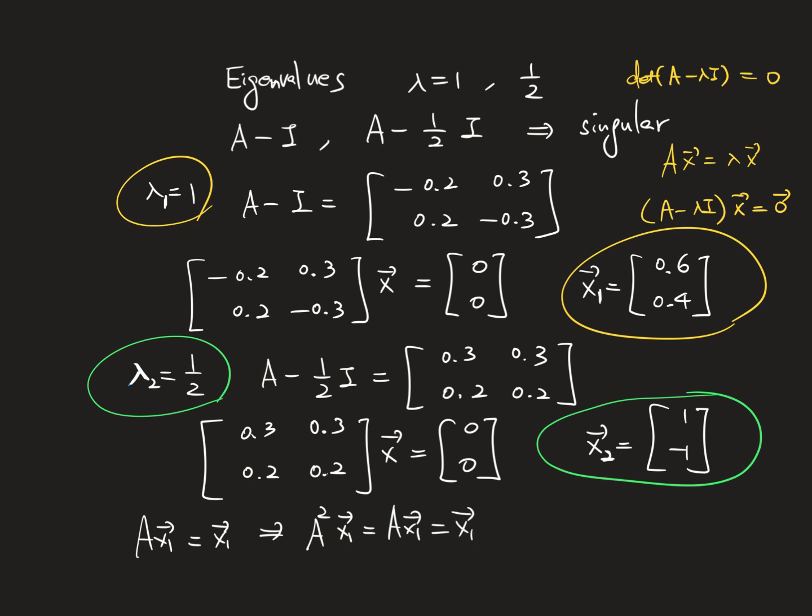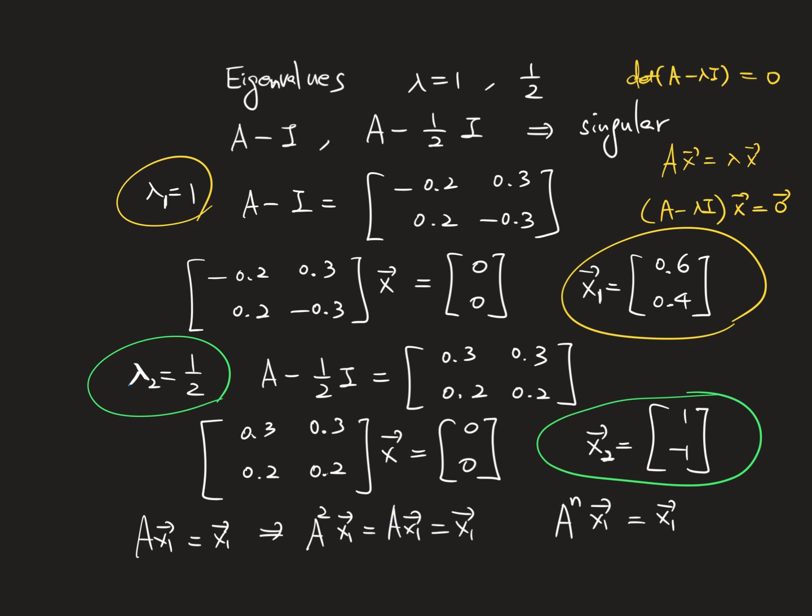So in this way, we know that A to the n x1 vector will be x1 vector. That means after a long evolution, the x1 vector component doesn't change. If the input vector has some component of x1 vector, then that component, after multiplying by the matrix, does not change. It will stay.